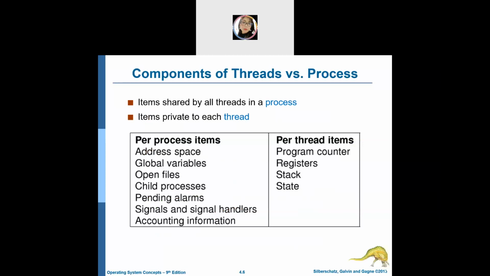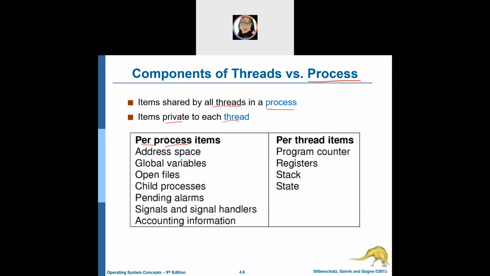Okay, in your next slide, last time we took a look at thread versus process. And process you have already been through in our module 3. You need to know the items shared by all threads in a process, and the items private to each thread.